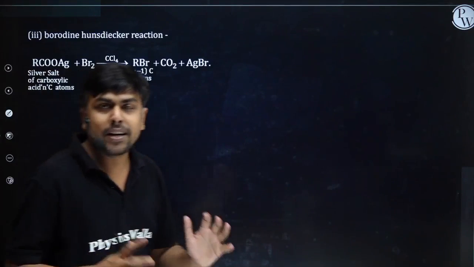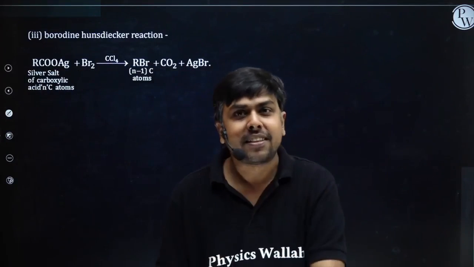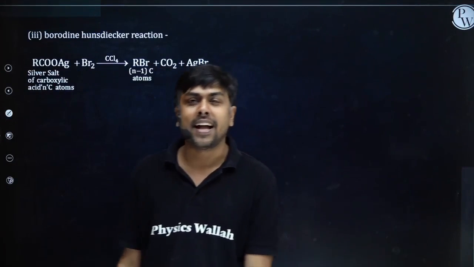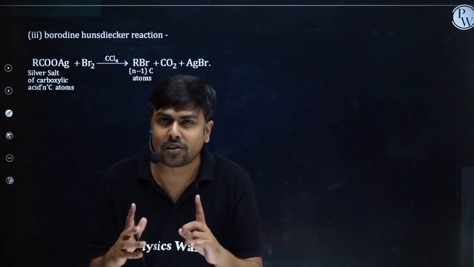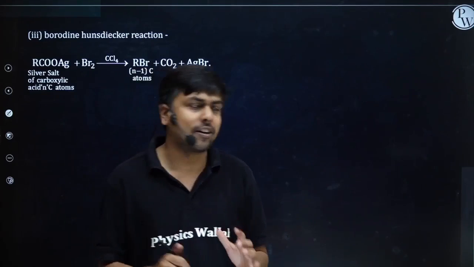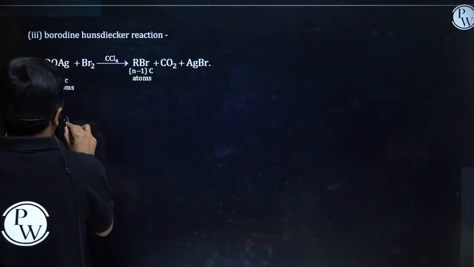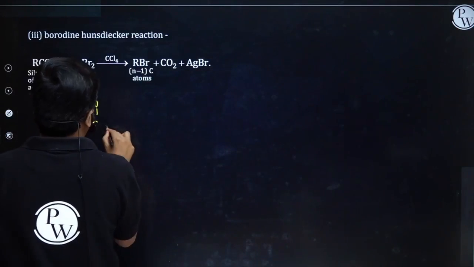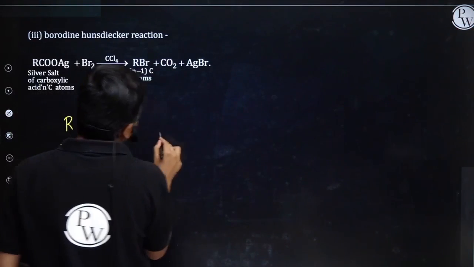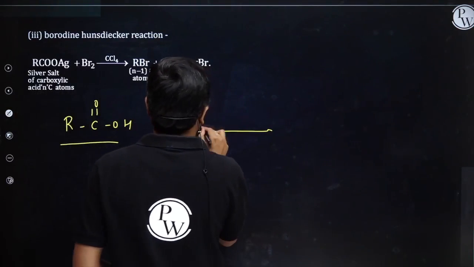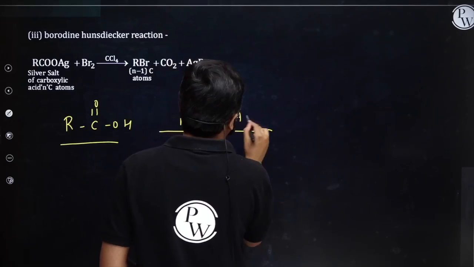Moving to the next method through which we can synthesize alkyl halide is from carboxylic acid. Here, first we treat carboxylic acid RC double bond O OH with moist Ag2O.